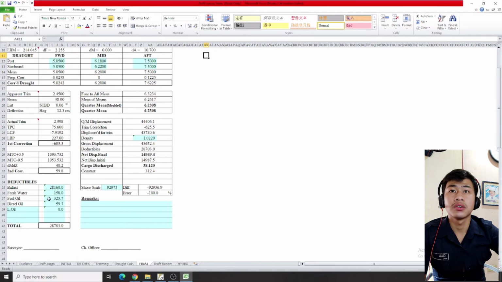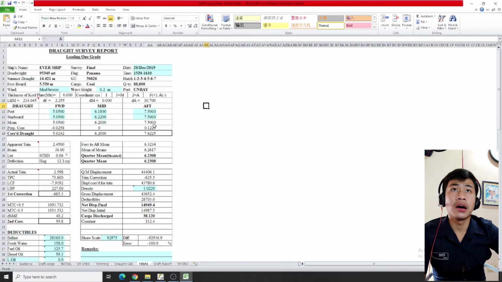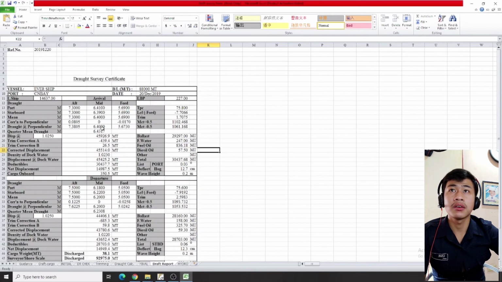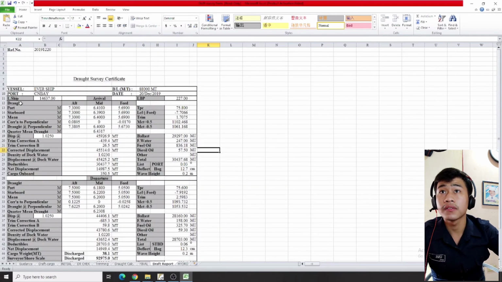I am still not familiar with the other words here, such as this density of the water.